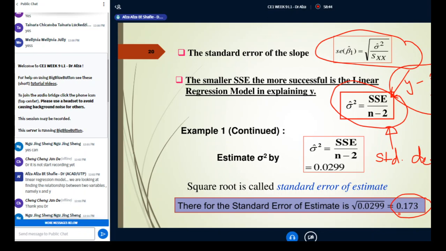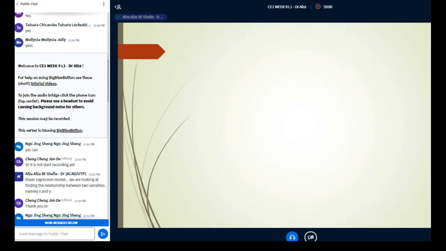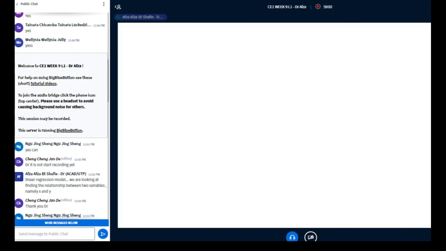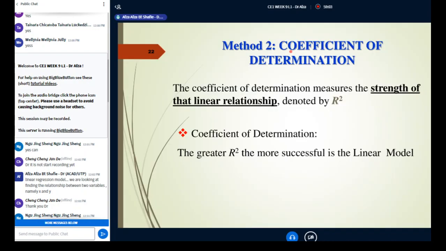Like I said, it's not enough. You need to do a bit more, carry out more tests to decide whether the model is okay or not. So let's look at the next one, which is the coefficient of determination.